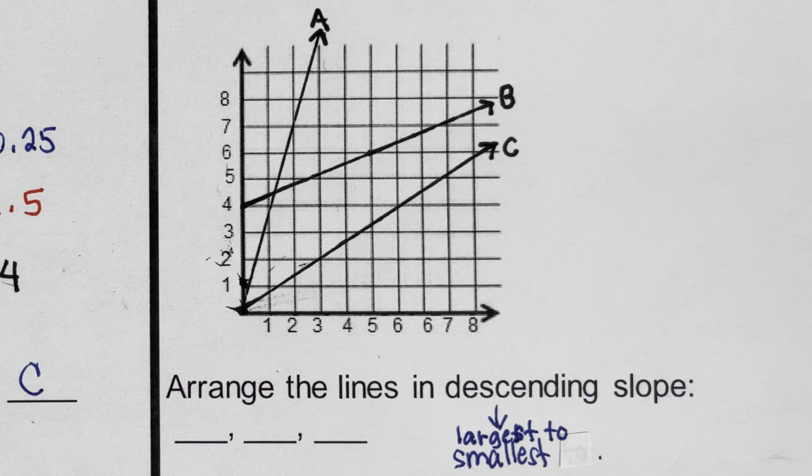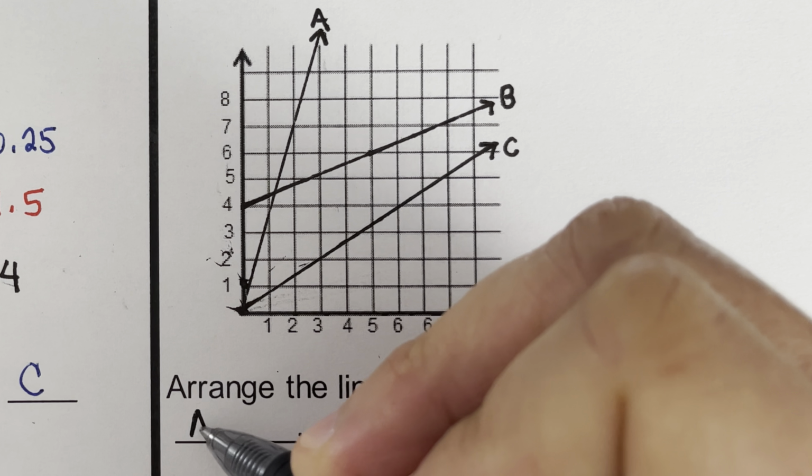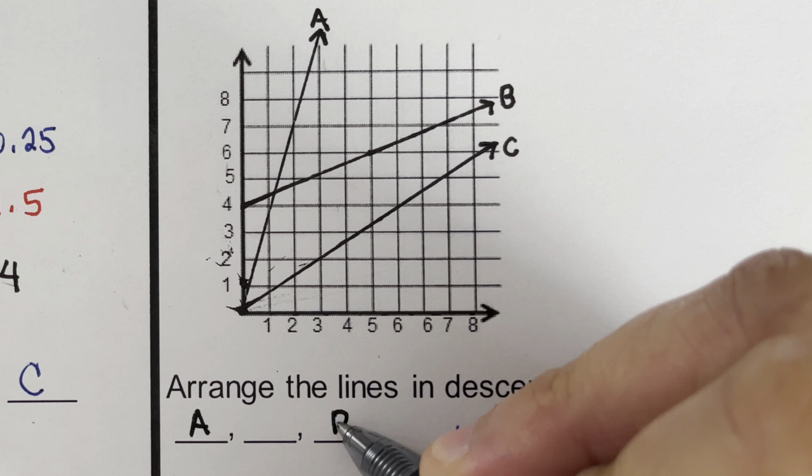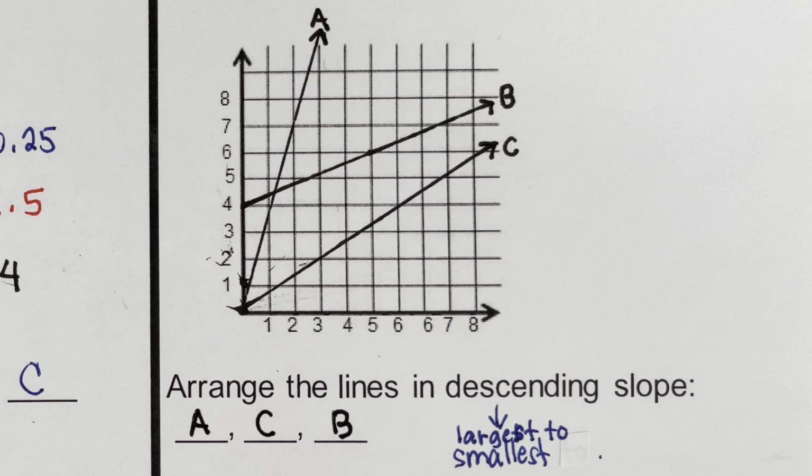So we can go ahead and write our answer right here. Descending means from largest to smallest, so the line with the largest slope is line A, and the line with the smallest slope is line B. Therefore, C is in between these two.